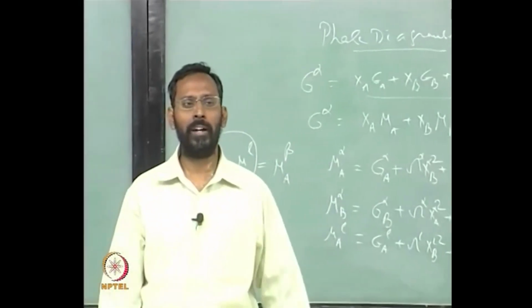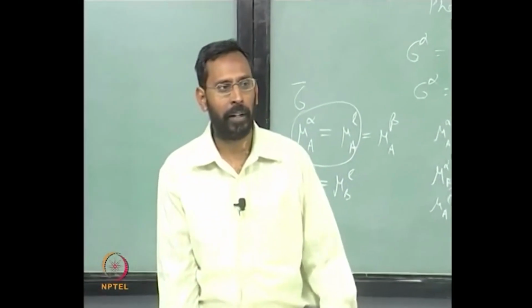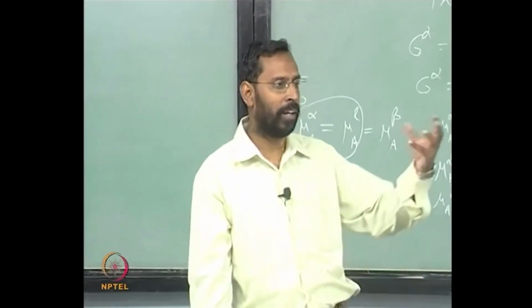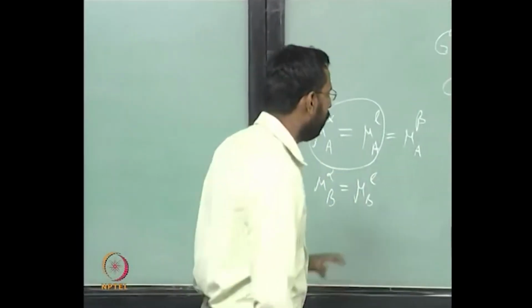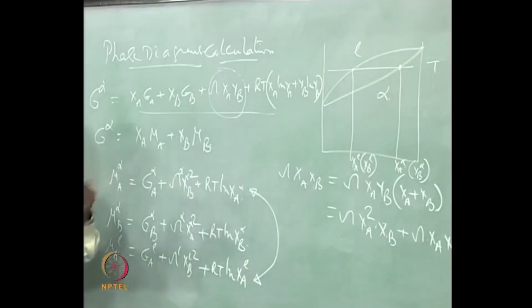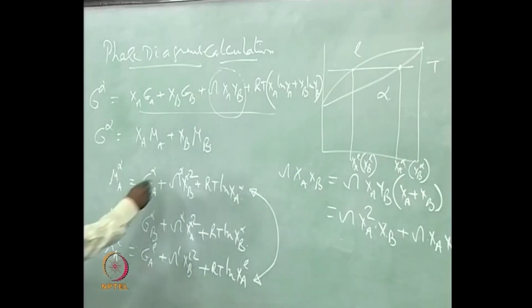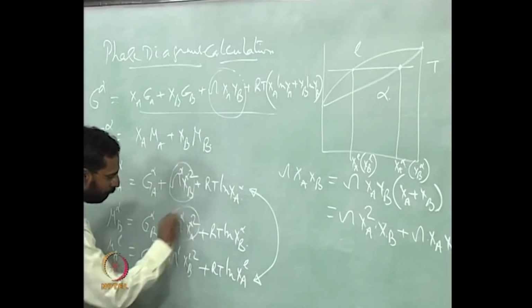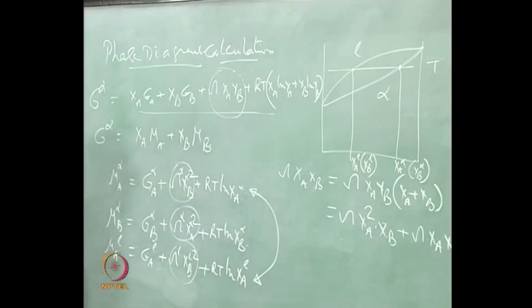If I know omega liquid and omega alpha, which is nothing but the interaction parameter of the liquid and the interaction parameter of alpha, then only I can do this calculation. If I assume that the system is, let us say, ideal, then these terms will not exist.